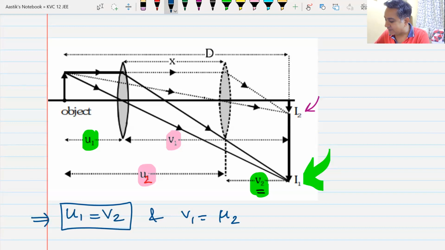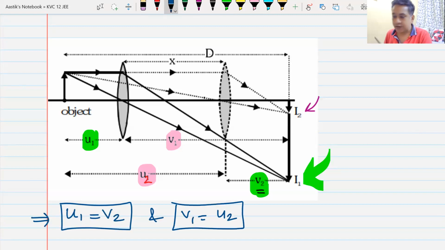So basically what it means is, if you get one position for the object and you get one position for the image, the image position becomes the object position and the object position becomes the image position, so it's vice versa. Do we understand vice versa?